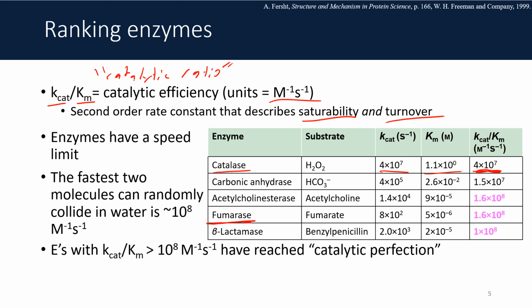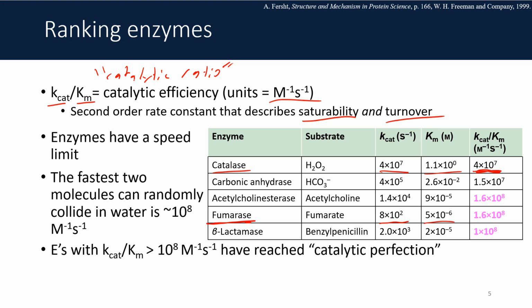Let's now compare this to fumarase. It has a really measly kcat, 800, 8 times 10 to the 2. That's 5 orders of magnitude smaller than catalase. But check out its Km, 5 times 10 to the negative 6. That is a really low, really nice Km to have. Fumarase may not react its substrate very well, but it can load up its binding pocket like a pro, compared to catalase at least.